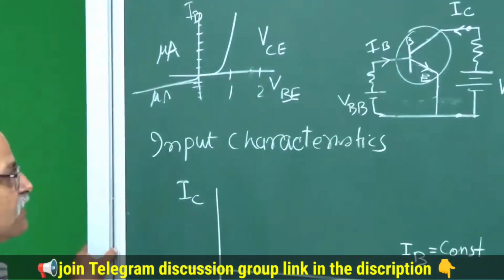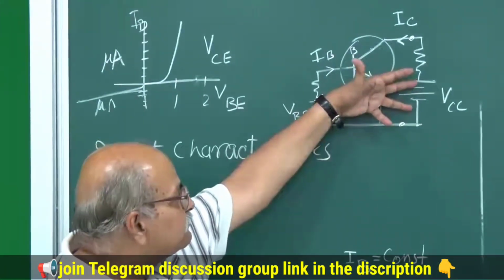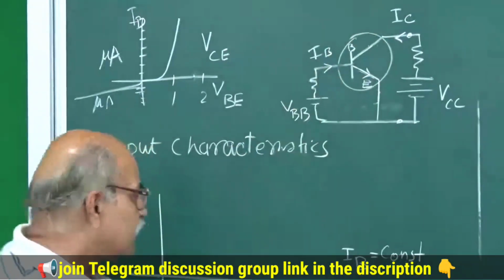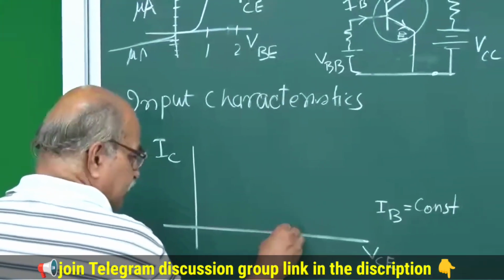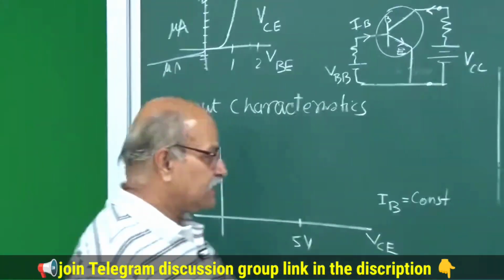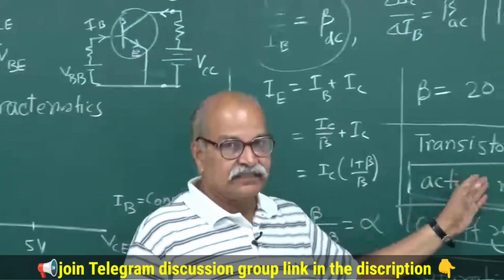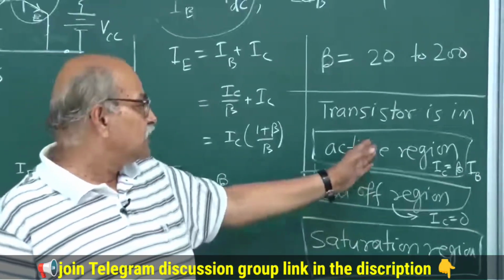Okay, so let me start with a good amount of this VCE here, and let us say something around 5 volts or 6 volts or like that. So if this is, let us say, 5 volts, I am in the active region, I want to be in the active region. Cutoff region has no characteristics. So, active region.